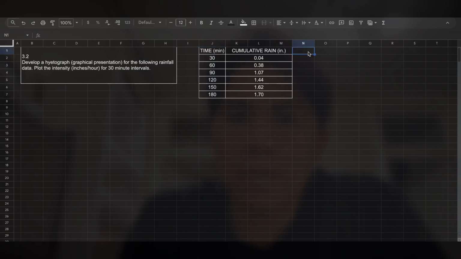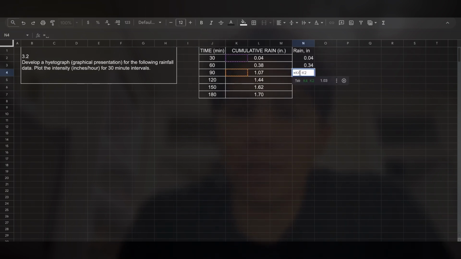To find the intensity, we need to convert this into just values for each 30-minute interval. So first, let's calculate the rain in inches per interval. In our case, the first 30 minutes was 0.04. In the second 30 minutes, it will be 0.38 minus the previous one. That means that in the second 30 minutes, 0.34 inches of rain precipitated.